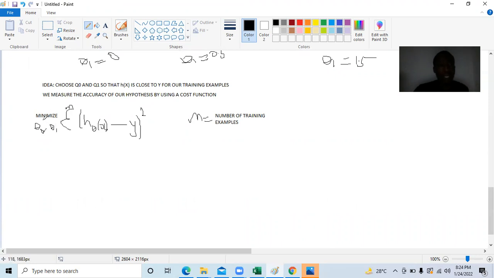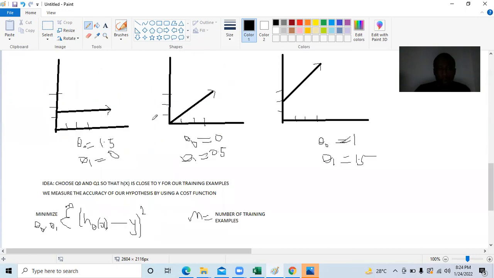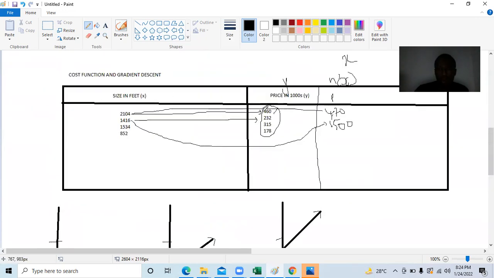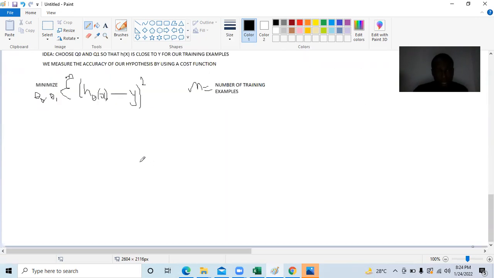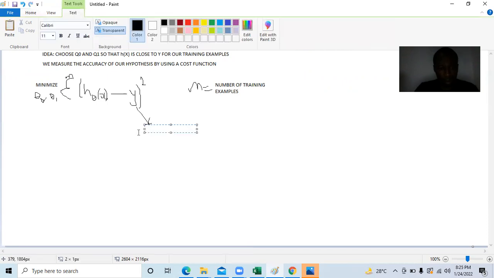So we're trying to minimize for theta 0 and theta 1 for this entire problem. That's just basically the cost function. Of course, this is the actual price. This is the actual price. This is the predicted price.